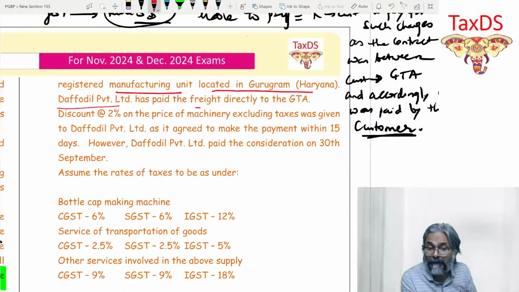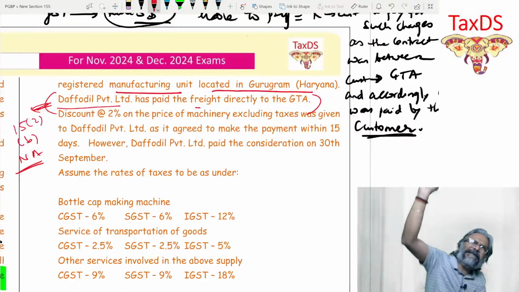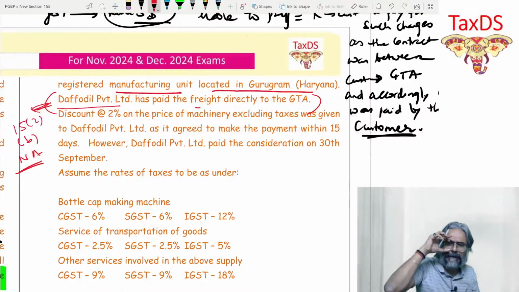Now, Daffodils Private Limited, the customer, has paid the freight directly to GTA. So therefore, tell me, if we have paid directly to GTA, can we say 15(2)(b) is not applicable? This GTA expenditure, students, will not be added at all, for the same reason that we have seen in the previous question. Why?